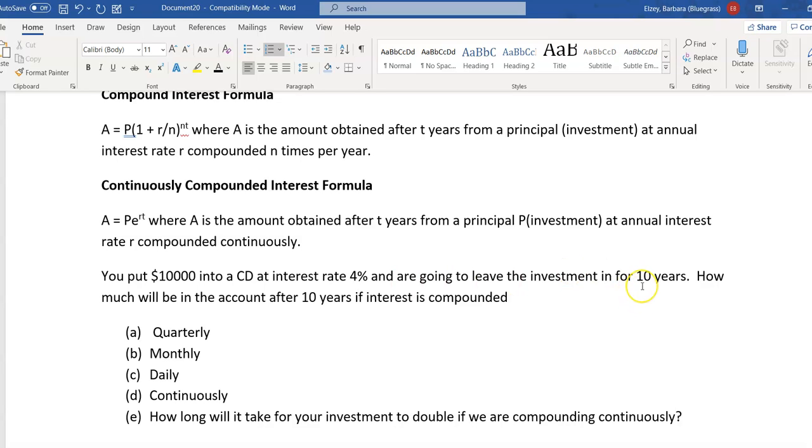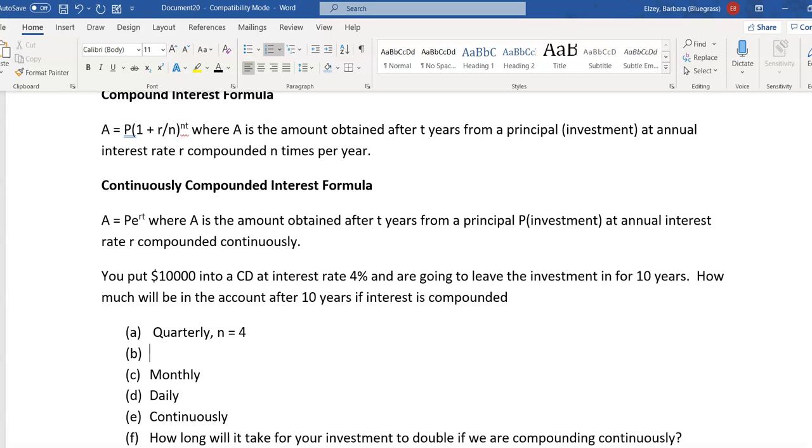And we're going to leave it in for 10 years. T is 10. So first, we want to know how much we will have at the end of 10 years if we compound it quarterly. Now let's realize that quarterly is 4 times per year. So N is 4. So let's fill into this compound interest formula.